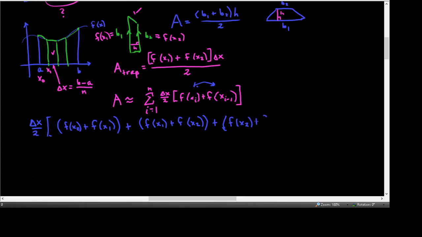Plus f of x sub 3, plus dot dot dot, and then we'll have f of x sub n minus 1 and f of x sub n, the last one.